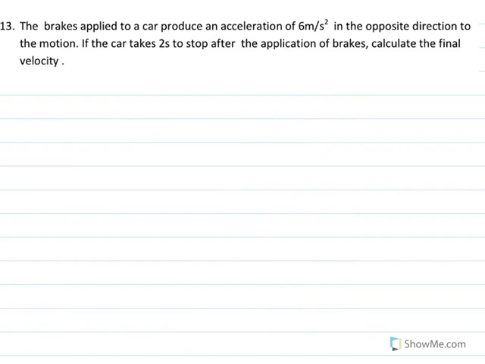A brake applied to a car produces an acceleration of 6 meter per second square in the opposite direction. This is important. That means acceleration is 6 meter per second square, but opposite direction, hence acceleration is negative.